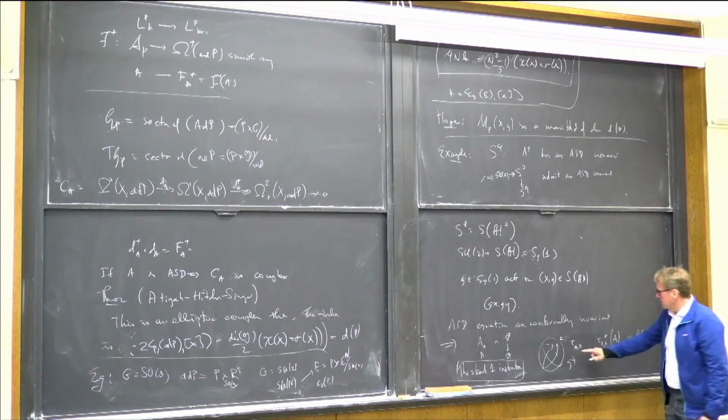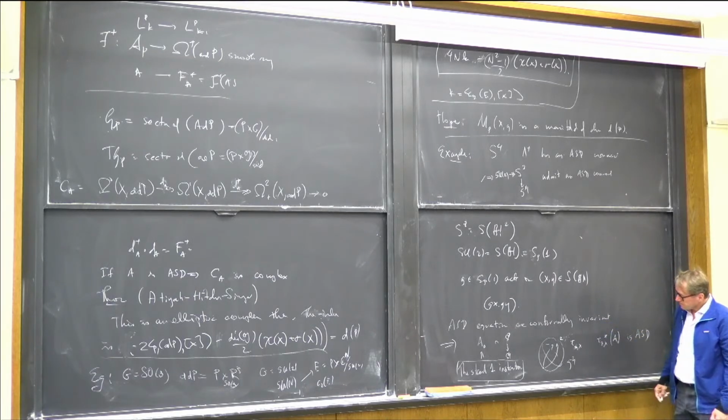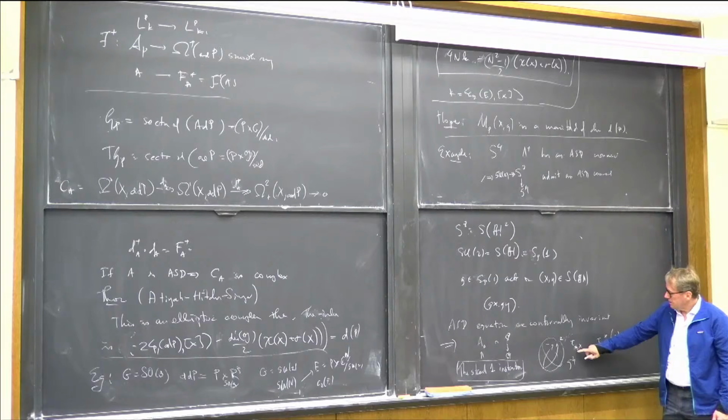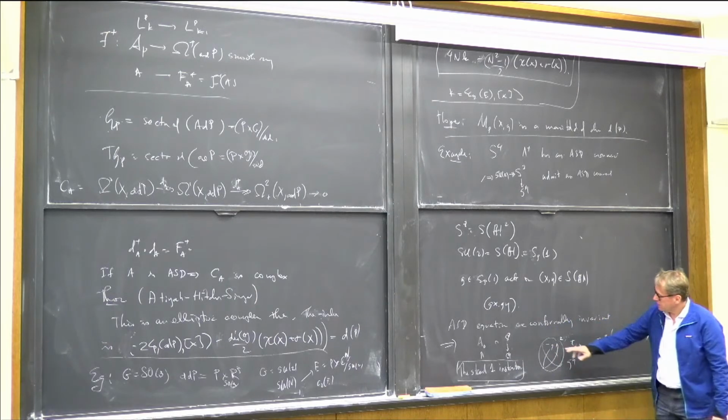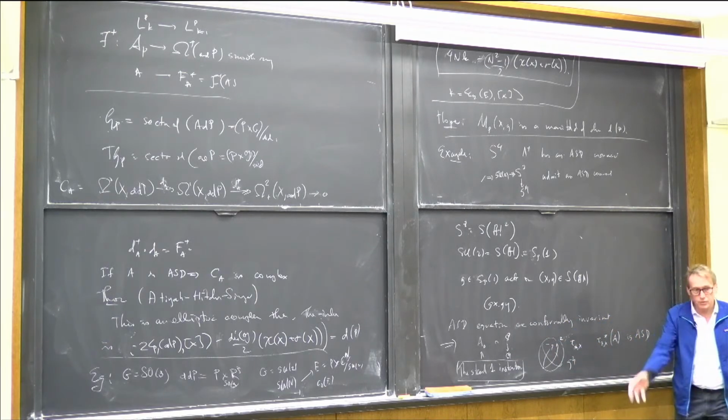Now, the standard one instanton, because of its description, if I think of its curvature form, it's uniformly distributed, right?